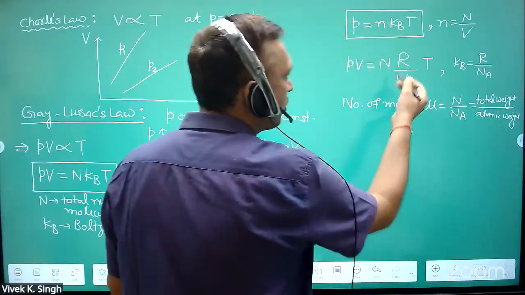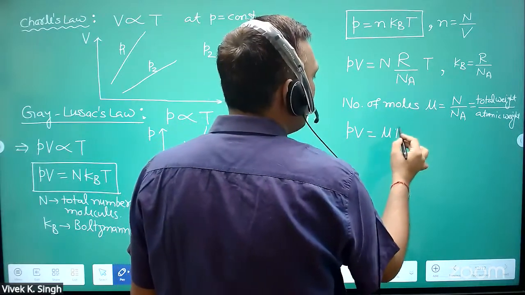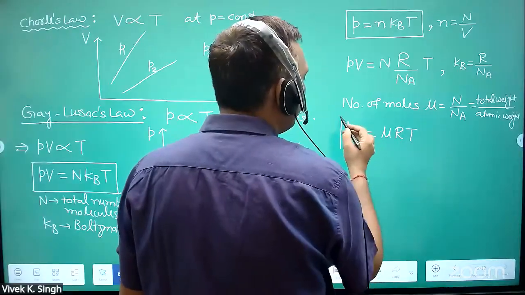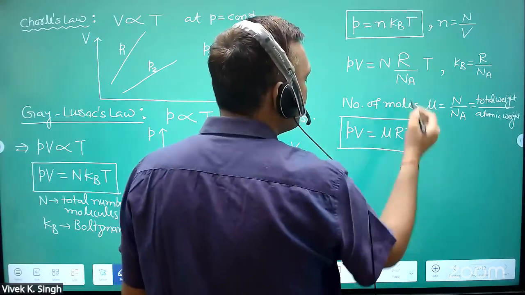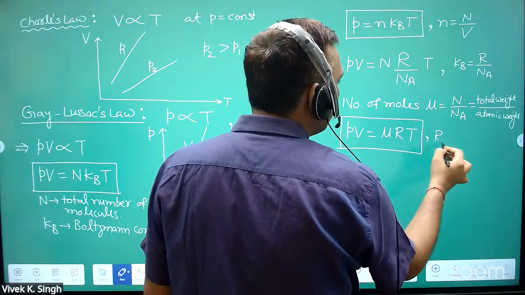So you can also write this as PV equals mu RT, where mu is the number of moles and R is the gas constant.